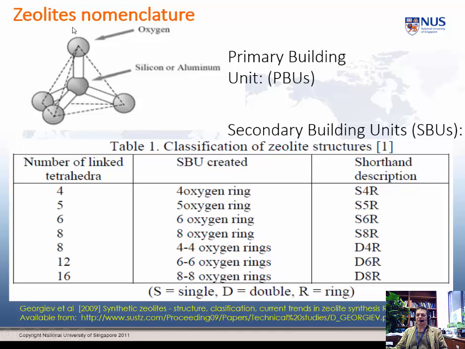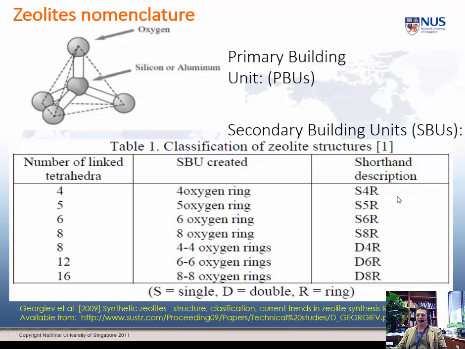We've talked already about primary building units, the silicate or the aluminate, PBUs, and they are put together into secondary building units. We talked about size and names and description. So link 4 tetrahedra together, you end up with a 4 oxygen ring. If you think about linking 4 tetrahedra to this one here.